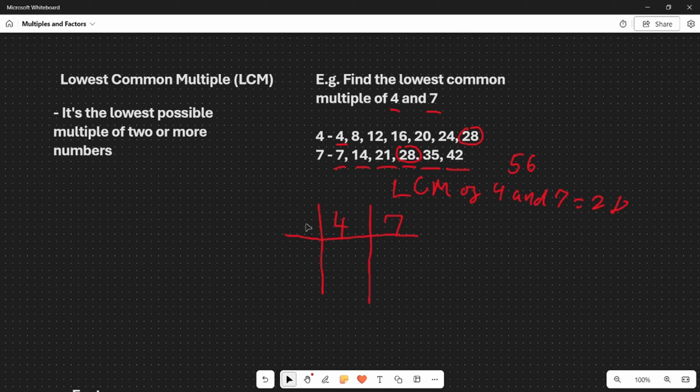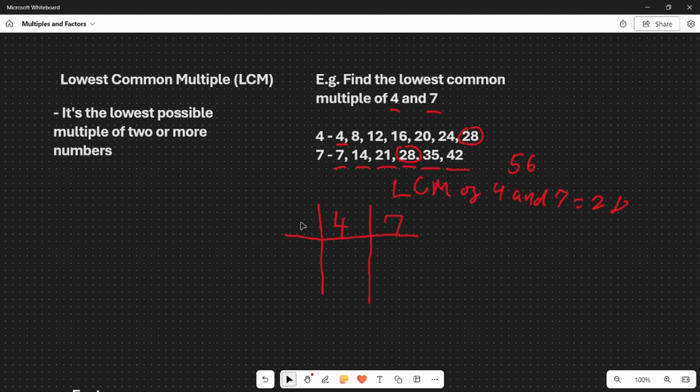In this case, 4 and 7 do not have any common factor that can be used to divide them out, but you must find the factors that can be used to turn both numbers into 1 at the end.